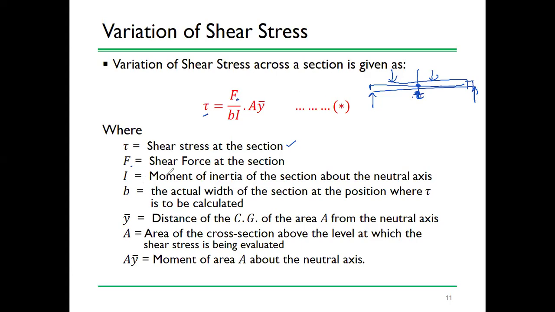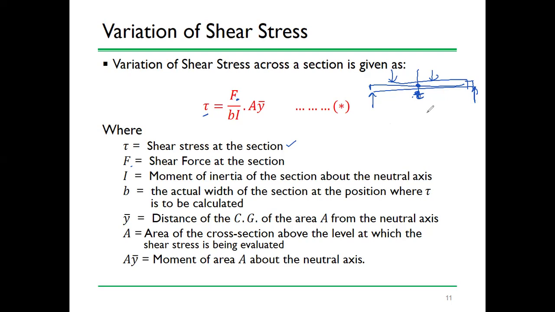Now, we've learned about calculation of moment of inertia, all right? Depending on the section, if it's a standard section, you have a formula. So you use either the integration formula or whichever. And we have learned about the parallel axis theorem to be able to calculate the moment of inertia of any shape.